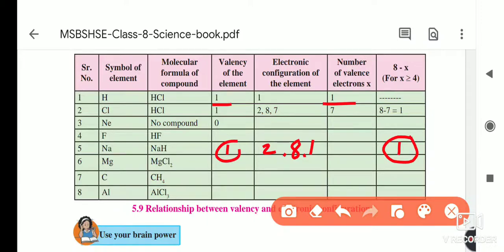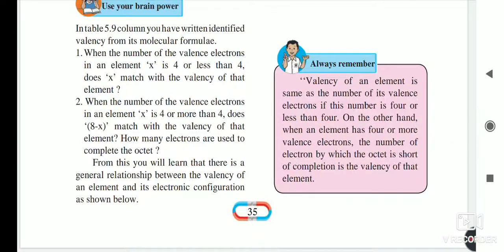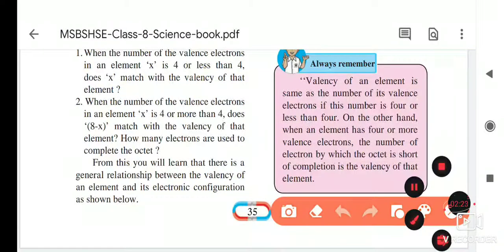But if you see here the number of valence electrons is 7 and the valency is 1, so this doesn't match. So if the number of valence electrons is less than 4, then it matches with the outermost electrons present in the valence orbit. When the number of valence electrons in an element X is 4 or less than 4, does it match with the valency? Yes.